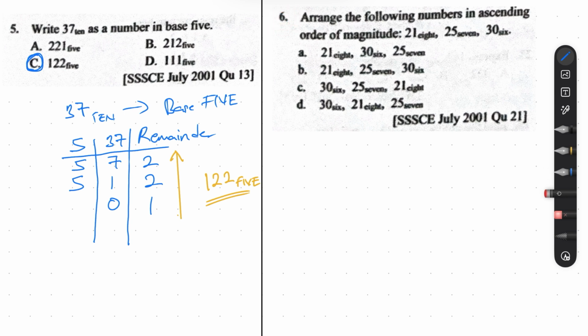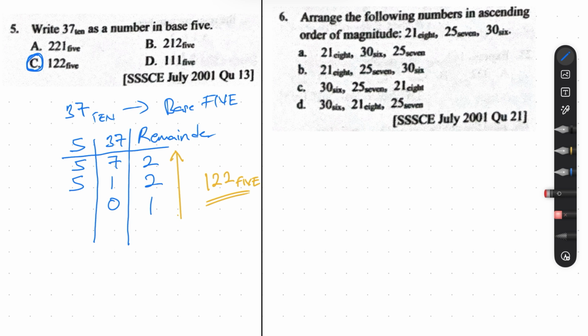It says, arrange the following numbers in ascending order of magnitude: 21 base 8, 25 base 7, and then 30 base 6, right? So what we can do is convert everything to base 10, right? We change everything to base 10, then we compare them, right?